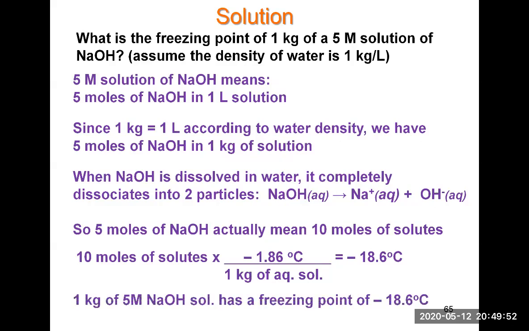So that means 1 kilogram of 5 molar NaOH solution has a freezing point of negative 18.6 degrees Celsius, because you start from 0 degrees Celsius, the normal freezing point of pure water, and lower it by 18.6 degrees due to the 5 molar NaOH that is in there. And so that illustrates the freezing point depression.